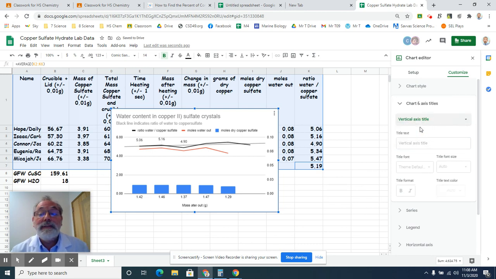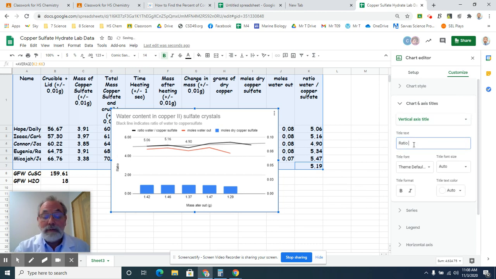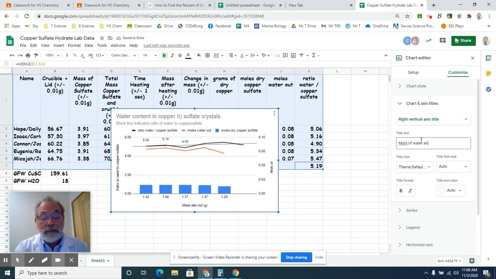Vertical axis left, ratio of water to copper sulfate. Right axis, moles of water and copper sulfate.